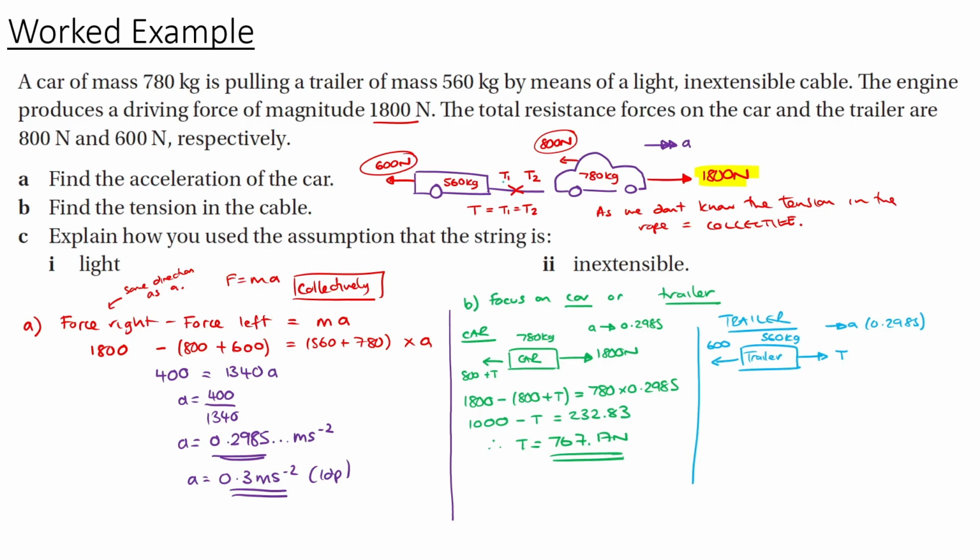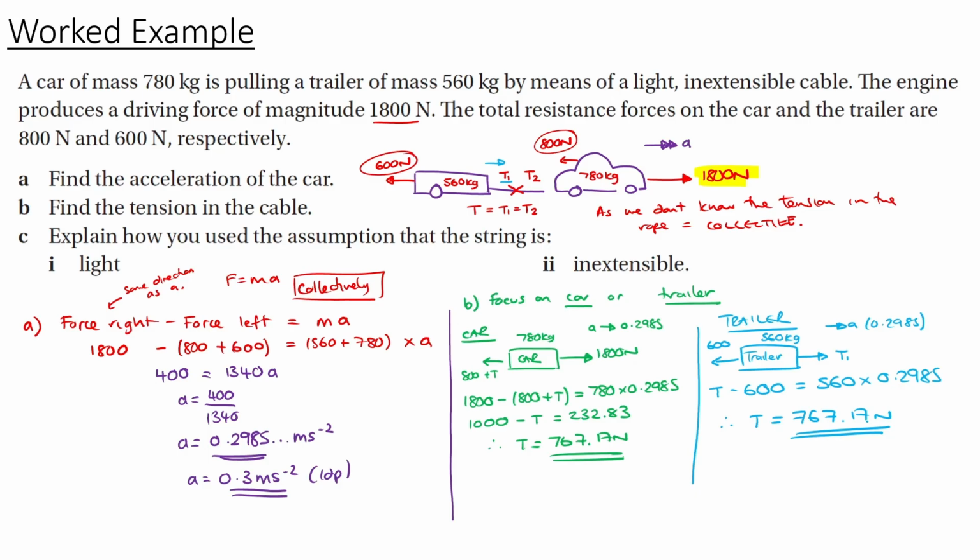So that's why the only force going to the right from the trailer is going to be T1, or just T in this case. If I call it T1, it doesn't really make a difference. So here I've got T, which is travelling in the same direction as A. So it's going to be T minus 600 equals 560 multiplied by 0.2985, in which, rearranging to solve for T, I get the exact same answer.